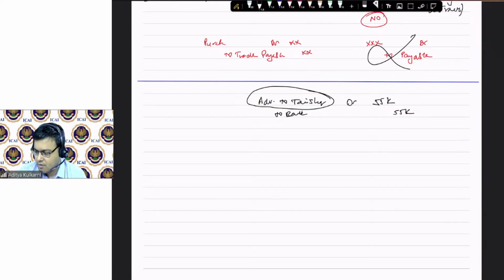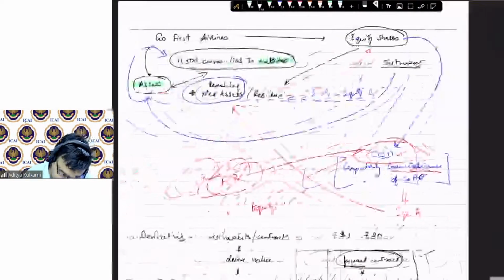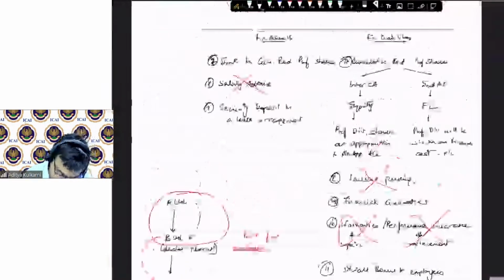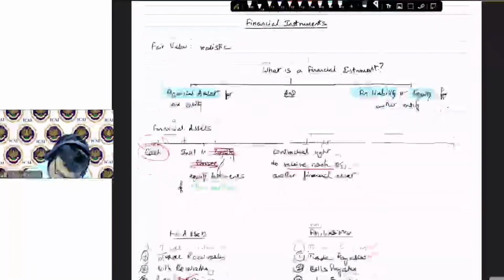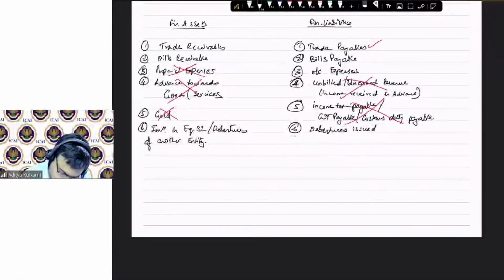Unbilled or unearned revenue is not a financial liability. I had discussed it earlier.